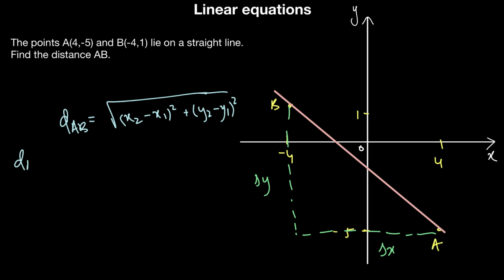So therefore, the distance between A and B can be equal to the square root of, and now let's take A as x1 comma y1 and B as x2 comma y2.